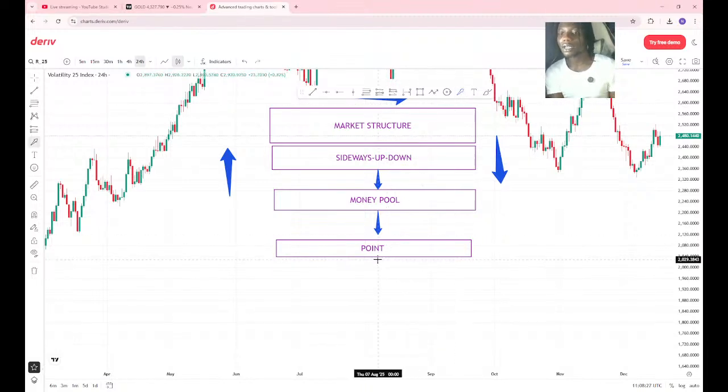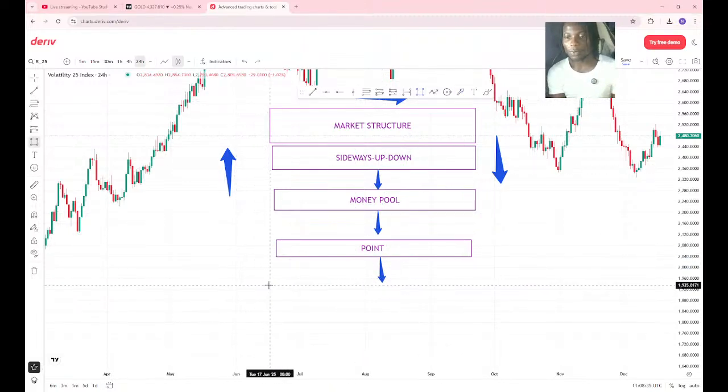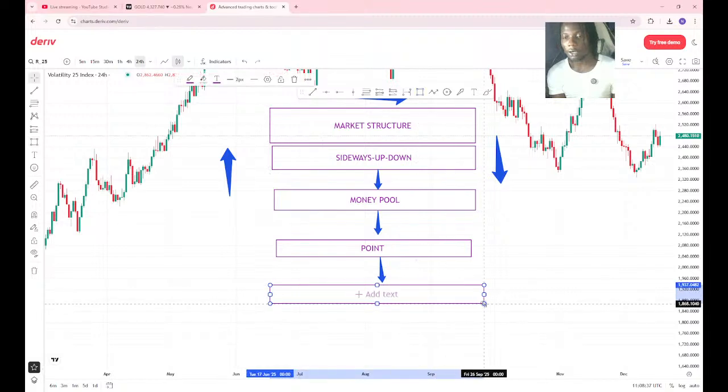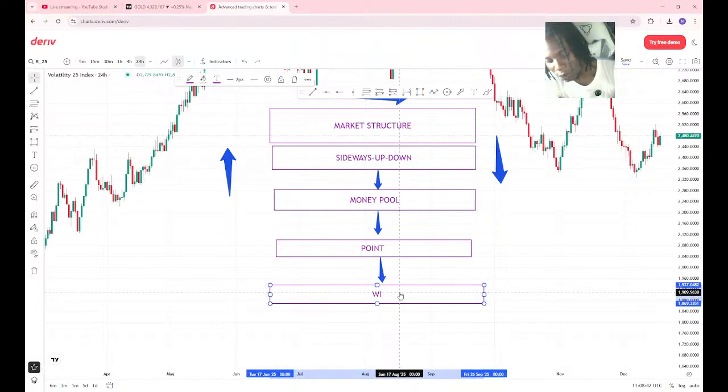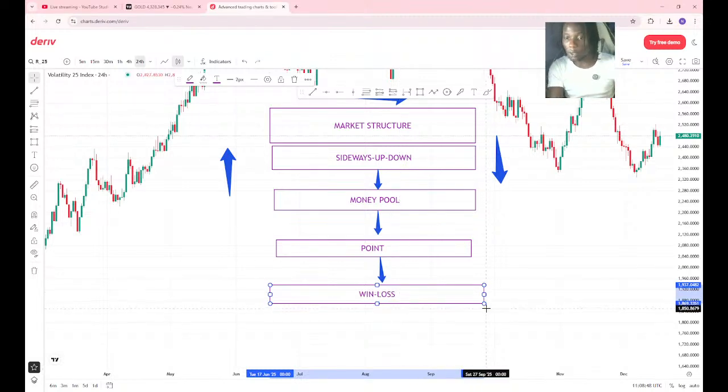So if we move down from our point, our last section is either a win or a loss. We now know this is the point and this is what price will give us.